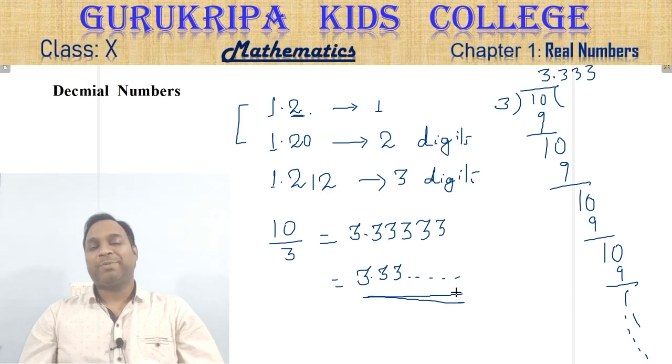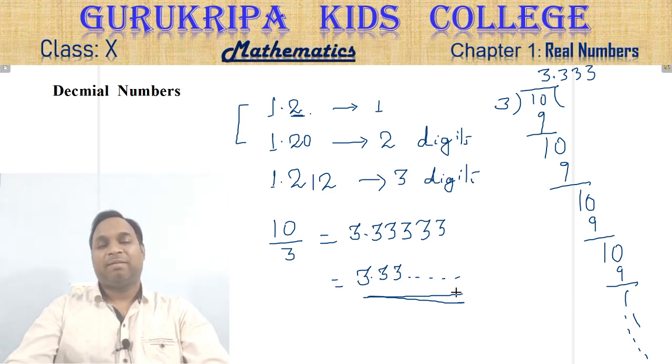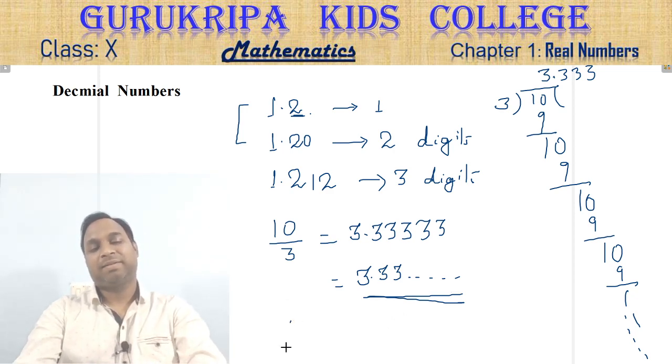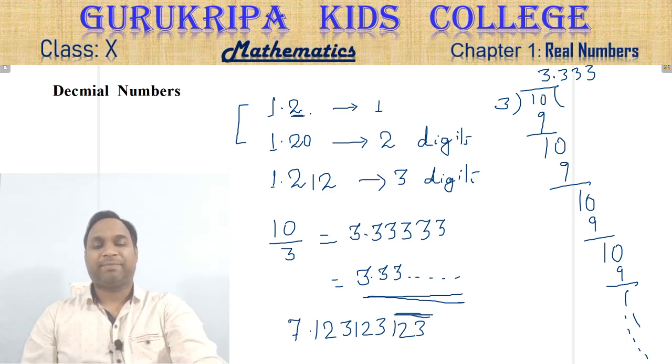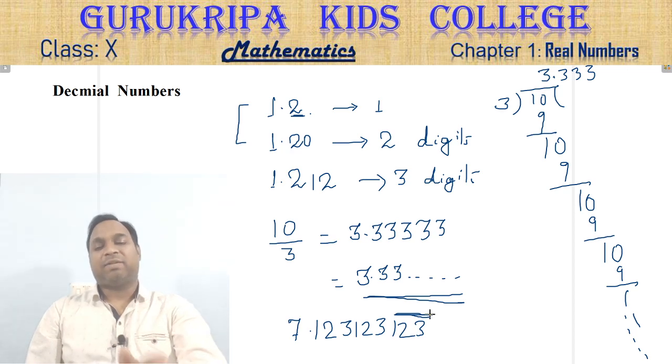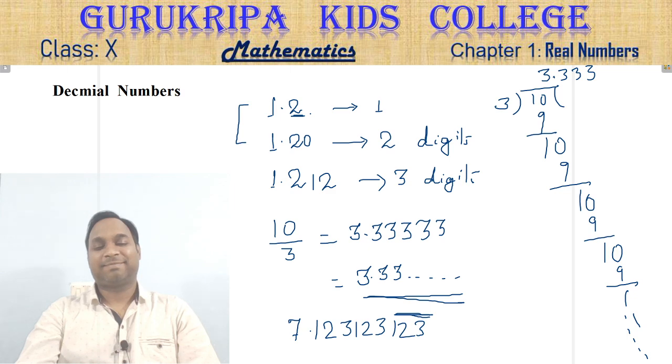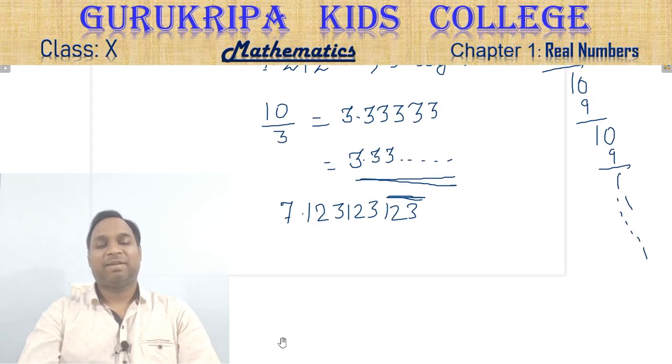We can have so many types of examples. Can we have a number like this? 7.123 and then again 123 and again 123 and again 123 will keep on coming. If that is like that, we put a small line over the digits that keep on repeating. That line indicates that these digits 1, 2, 3 keep on coming again and again. Can we write a number like this?